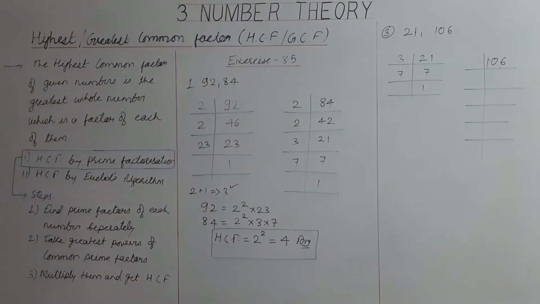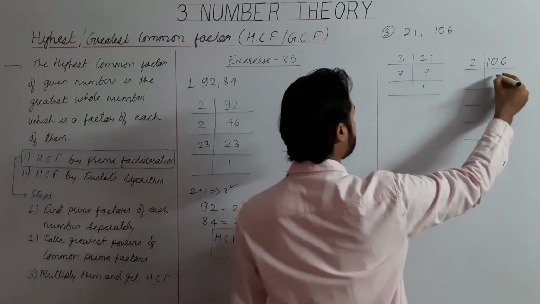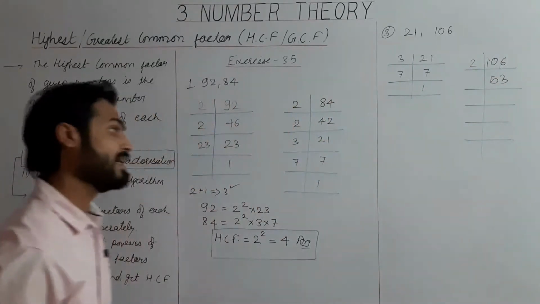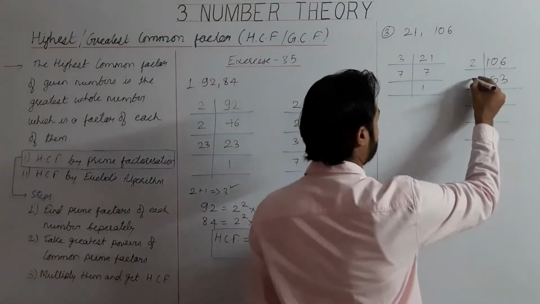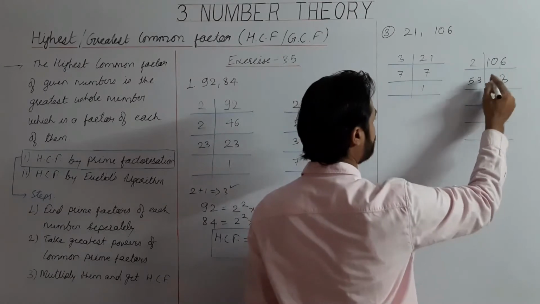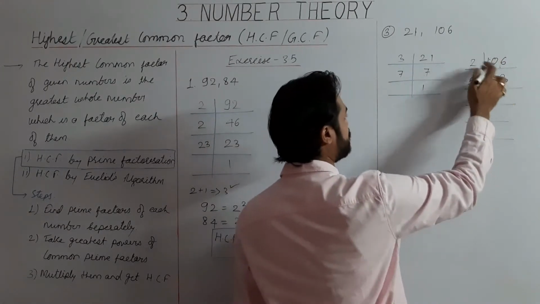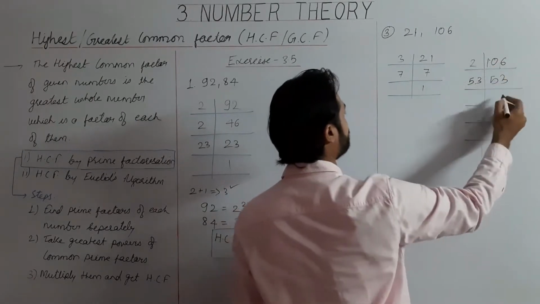Next number, 106. 106 is an even number, so we divide it by 2. Half of 106 is 53, and 53 again is a prime number. It means 53 is divisible by 53 only. So after 2, the next prime factor of this number is 53.